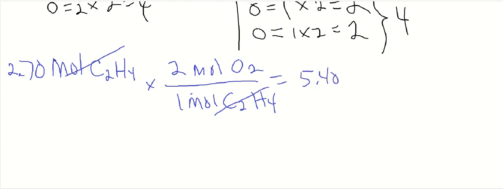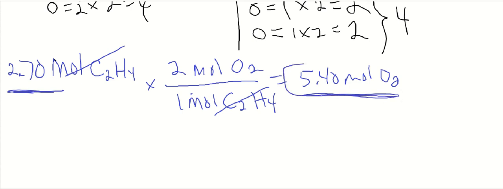So we would need 5.4 moles of O2 if we had this much ethene to begin with. That would be perfect. Now this is hypothetical. Let's just calculate it. But this is how much we're given. Now everything is going to be compared to this calculated number.